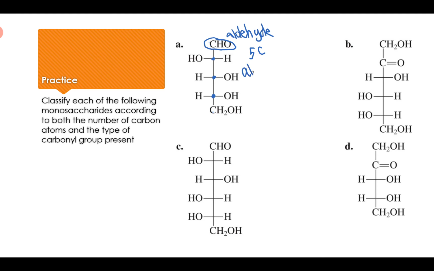So that is an aldopentose. This one is a 1, 2, 3, 4, 5, 6. That's a ketone. And so this one in B is a ketohexose.